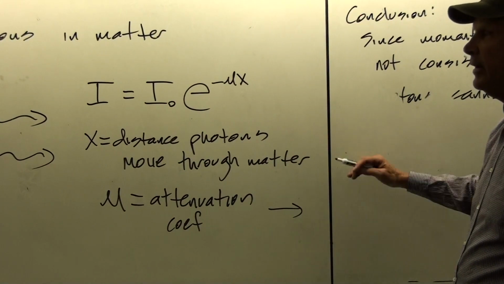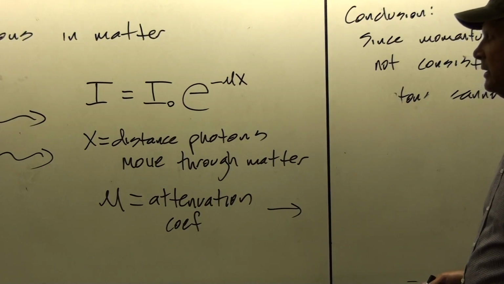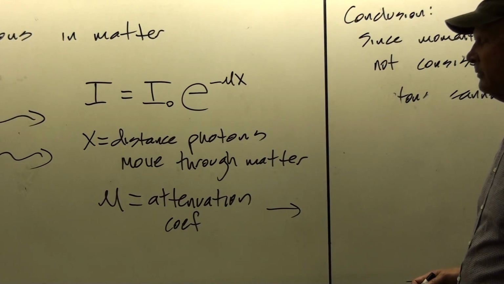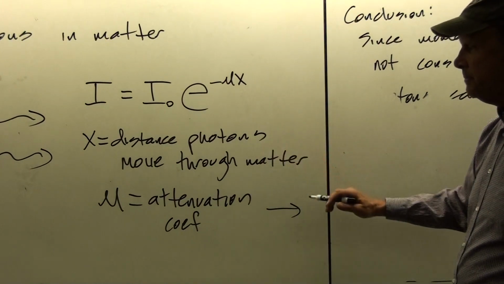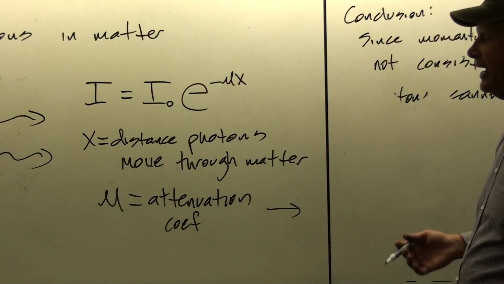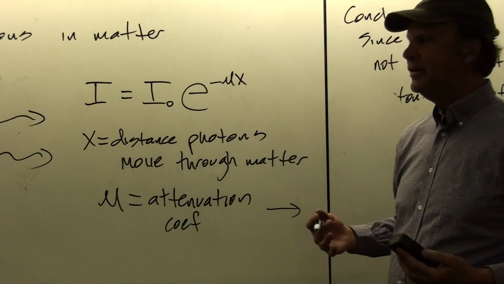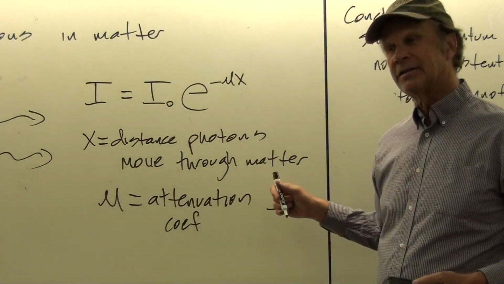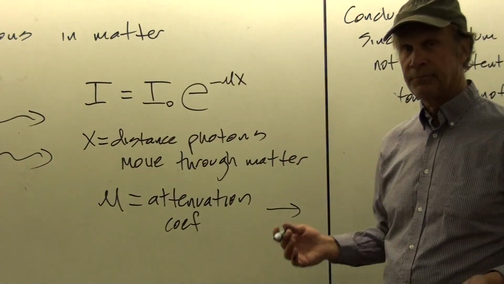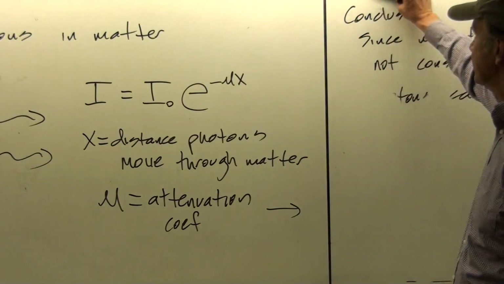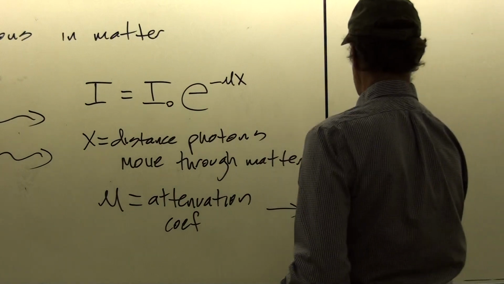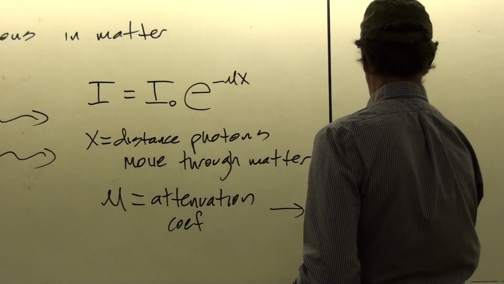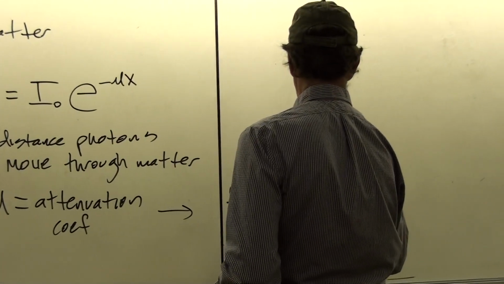If it were higher energies like Compton scattering, like a few hundred electron volts, then it would be a different value for the beam. And it would also be a different value if you had such high energies, on the order of millions of electron volts, that the photons were producing particle-antiparticle pairs. Okay, so for our purposes here, we'll just think of our attenuation coefficient as a function of material and frequency.